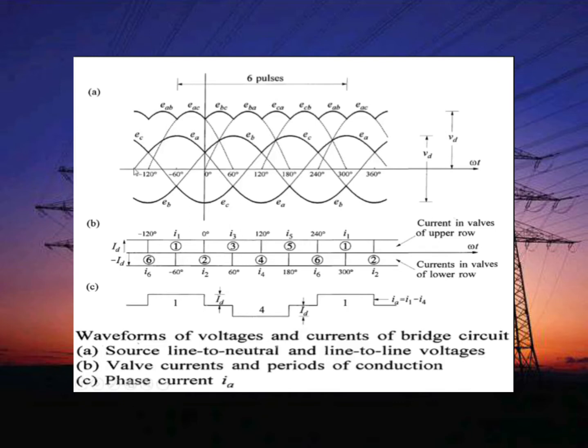Suppose we start from here. From this to this is one complete cycle. During this cycle, 6 pulses are generated: 1, 2, 3, 4, 5, and 6. Therefore it is called a 6 pulse converter.